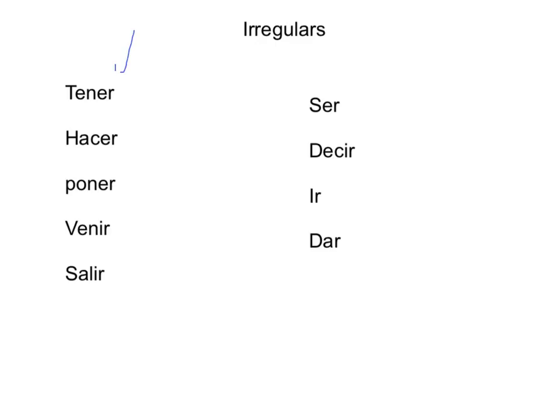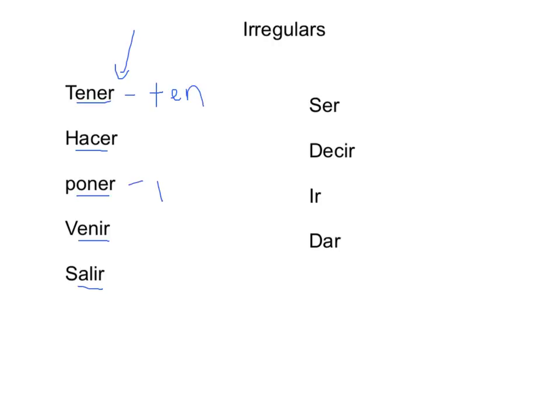And now, of course, we have our irregulars. What would Spanish class be without irregular verbs? Over on this side, we have tener, hacer, poner, venir, salir. To have, to do or make, to put, to come, to leave. For most of these, you just take off the ending.